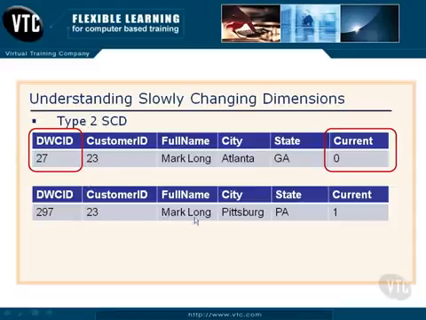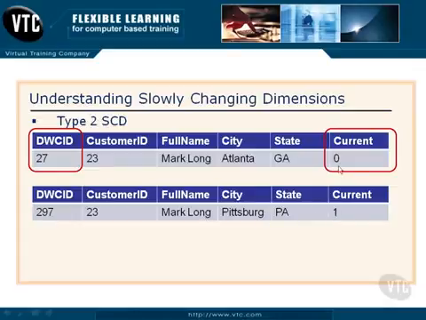My name's still Mark Long, but the city's now Pittsburgh, Pennsylvania, as opposed to Atlanta, Georgia, and the current flag is set to 1. So when I pull old reports, I can see that those 12,000 sales when I was in Atlanta are properly assigned to Atlanta, Georgia, southeastern United States, whatever is going on there, and any new orders that I place from that point forward will come from Pittsburgh, Pennsylvania, and so forth.